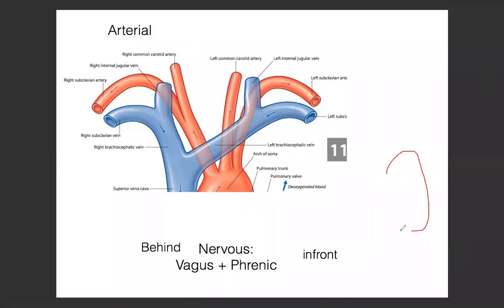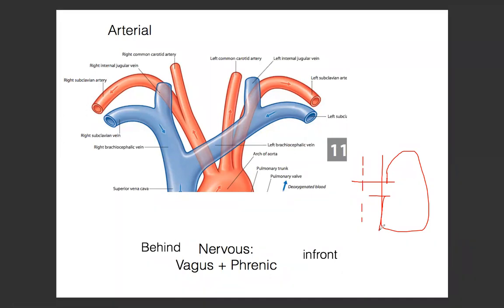For example, if this was the lung, sorry for the bad drawing, and this was the root of the lung or hilum of the lung, the vagus nerve would go behind it while the phrenic nerve would go in front of it. You would be able to tell the difference between the phrenic nerve and the vagus nerve. Okay? That's one way to tell the difference.